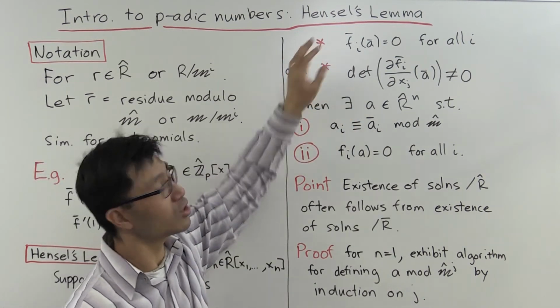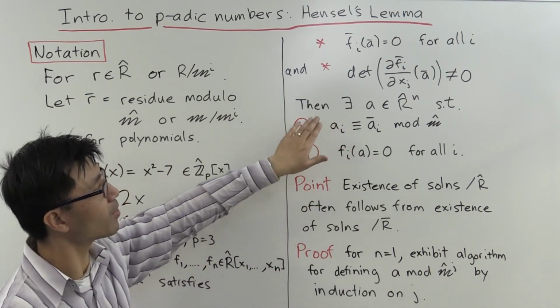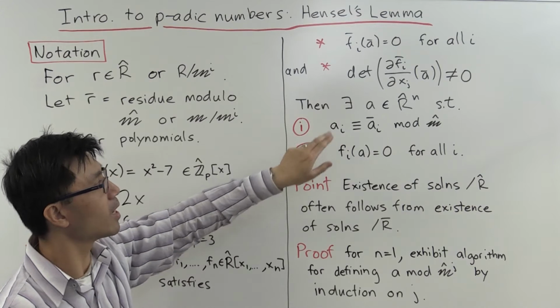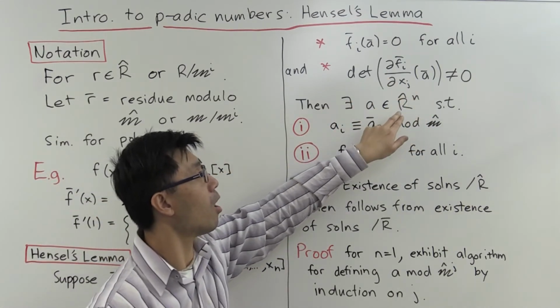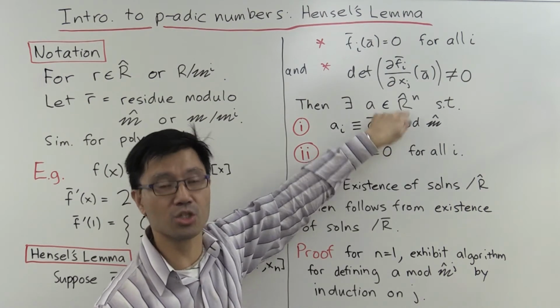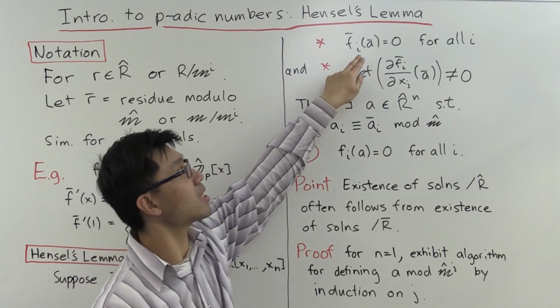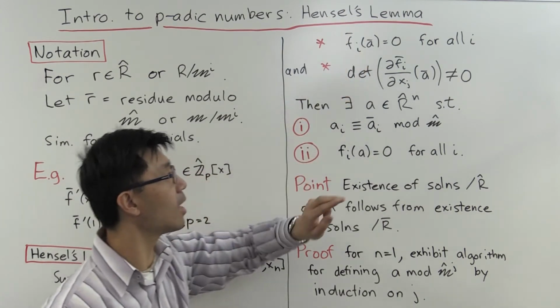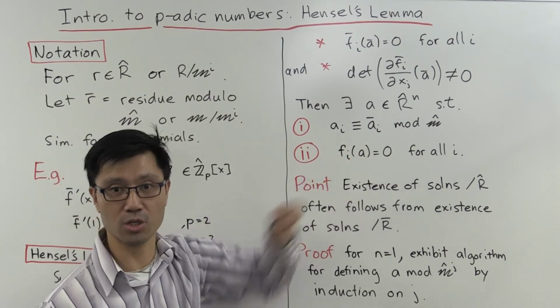Okay, so under these conditions, what does Hensel's lemma tell us? This is the wonderful theorem that Hensel proved. It says that in this case, you can find an n-tuple of elements inside the completion, which both lifts this solution modulo the maximal ideal and gives you a solution, or rather a 0, to all these equations.